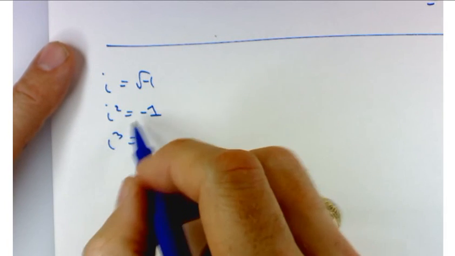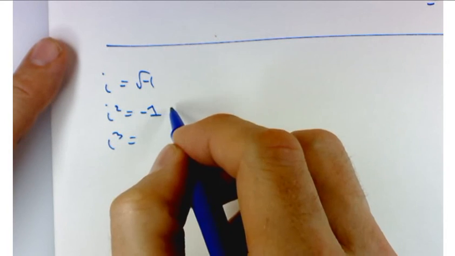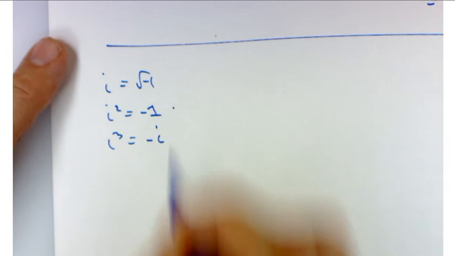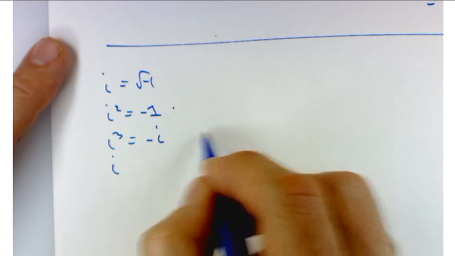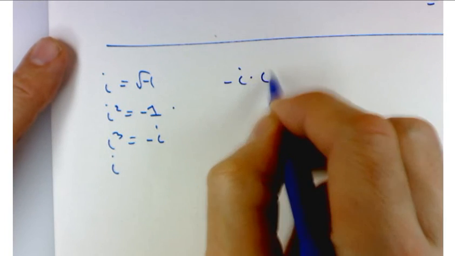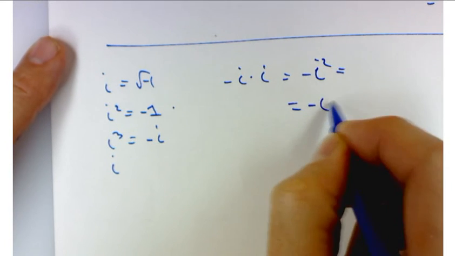I squared times I would be I cubed. So if I multiply this by I, I'll get -I. If I multiply by I again, -I times I gives me -I squared, which is a negative of -1.